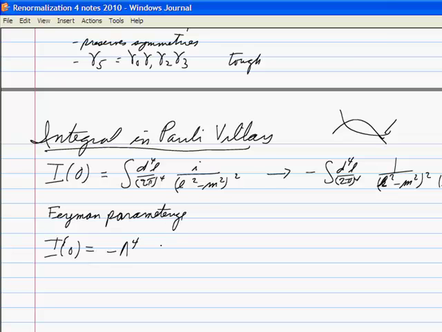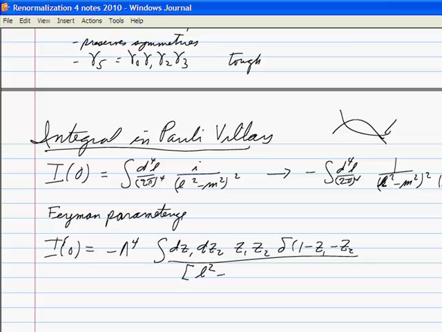There's 2 types of propagators, and the identity I gave you had a dz1, dz2, z1, z2, delta of 1 minus z1 minus z2 over L squared minus z1 lambda squared minus z2 m squared to the 4th.